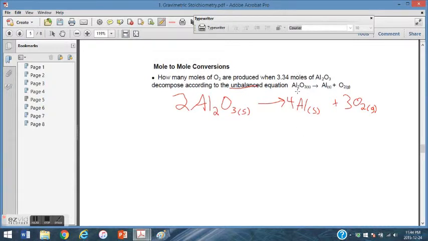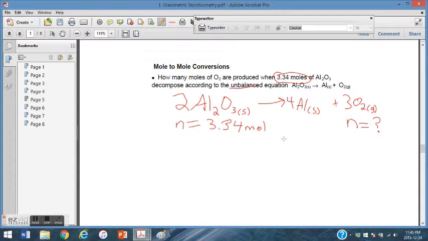Now, the way I always do these problems is I'm going to start out by writing my quantity underneath whatever it belongs to. Say, okay, little n is equal to 3.34 moles. Then I look and say, okay, I want to get moles of oxygen. And so I'll write n is equal to question mark.